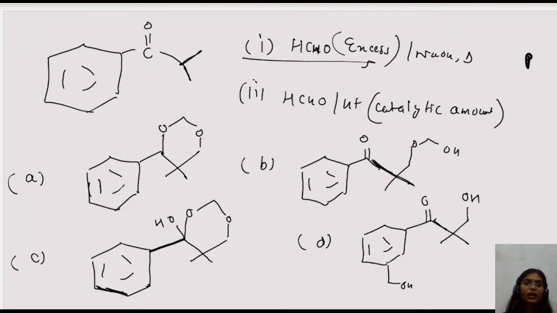CHO is there and a CH2 group is also present, and we are using excess NaOH and heating. Okay, excess of HCHO is telling us that we can use as much aldehyde as we want. It means one step, two steps, three steps, any number of steps you can use.